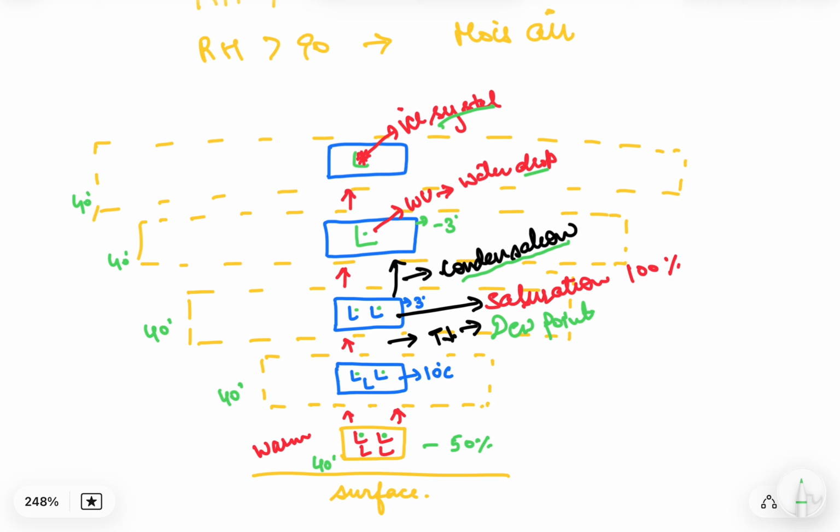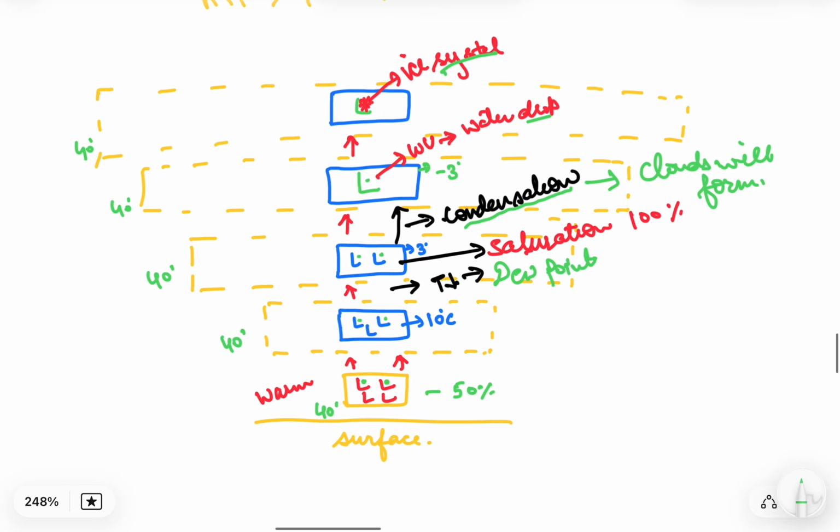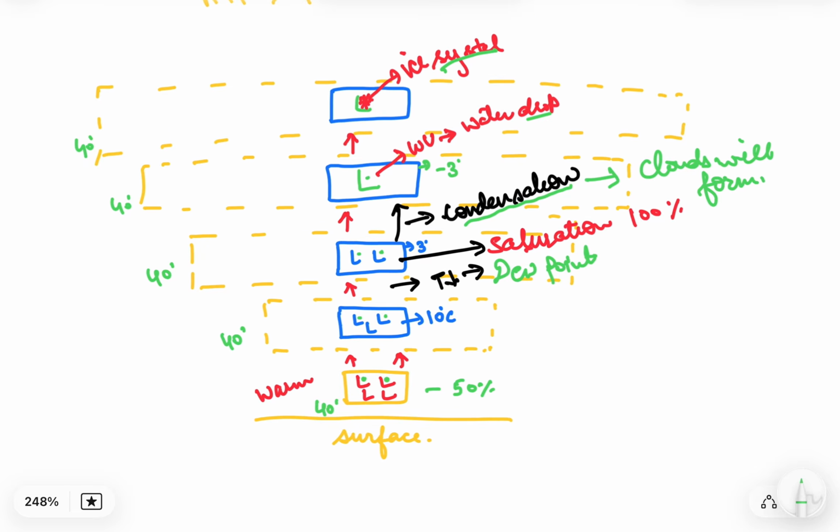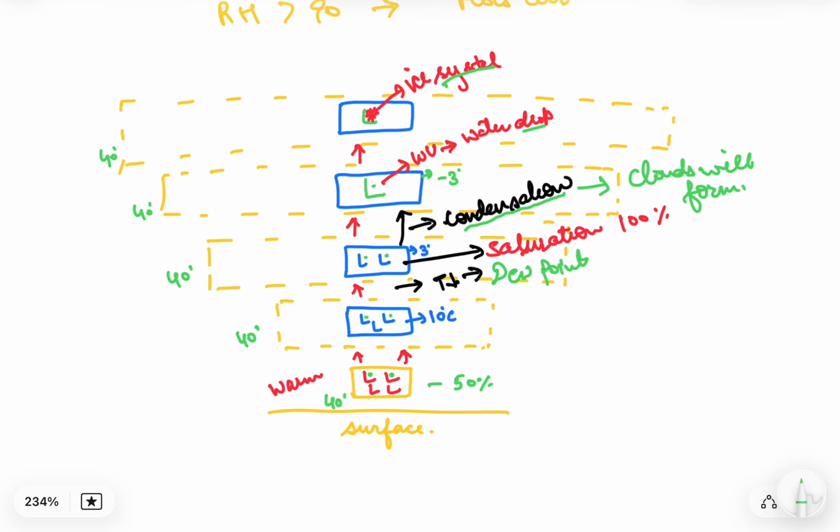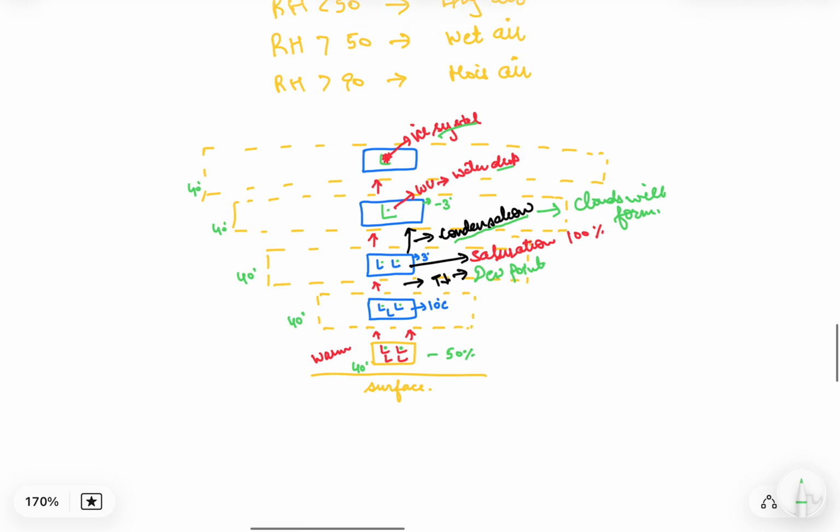This is the formation of the ice crystals, level of the condensation, dew point, and at the level of the condensation, clouds will form. Now this is in the case of the warm air parcel.